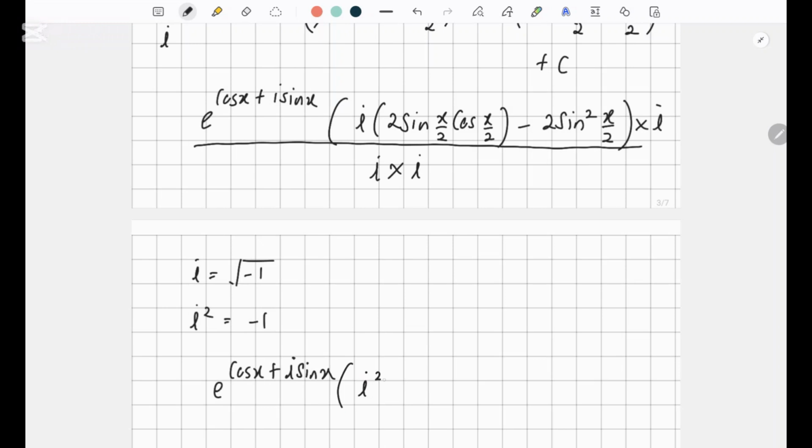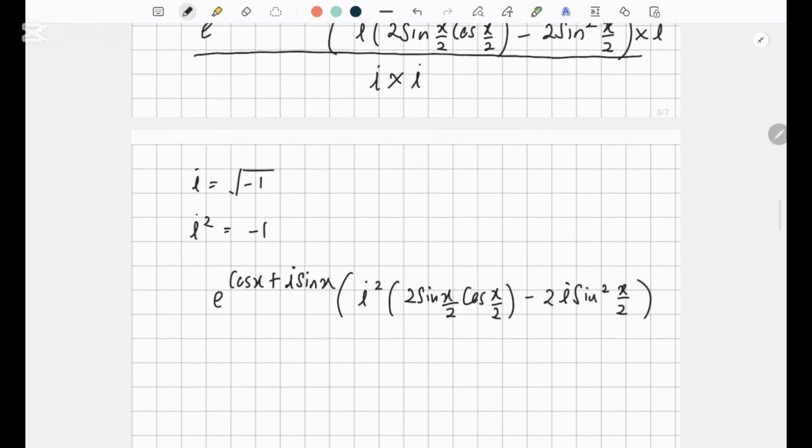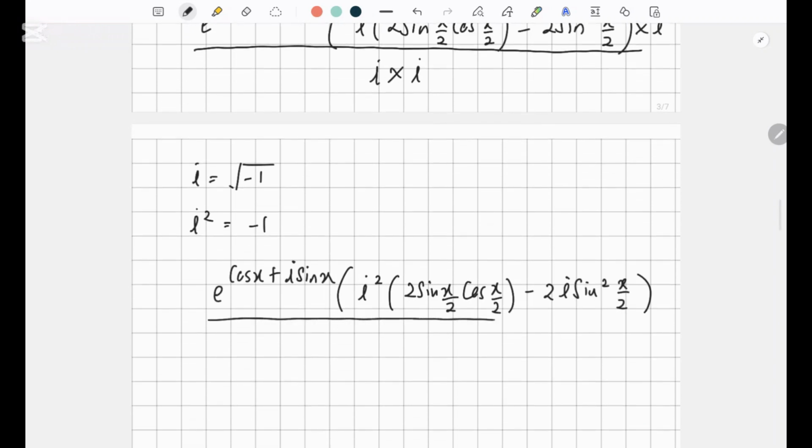Now we have i squared 2 sin(x/2) cos(x/2) minus 2i sin squared (x/2) over i squared. Now instead of i squared, I'm going to write minus 1. Minus 1.